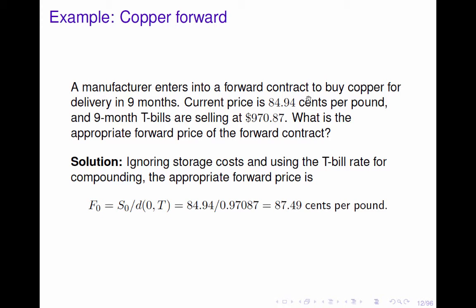The 9-month T-bill with face value $1,000 sells at $970.87. This implies the discount factor for 9 months is 0.97087. By the forward price formula, we have the 9 months forward price of copper is 87.49 cents per pound.